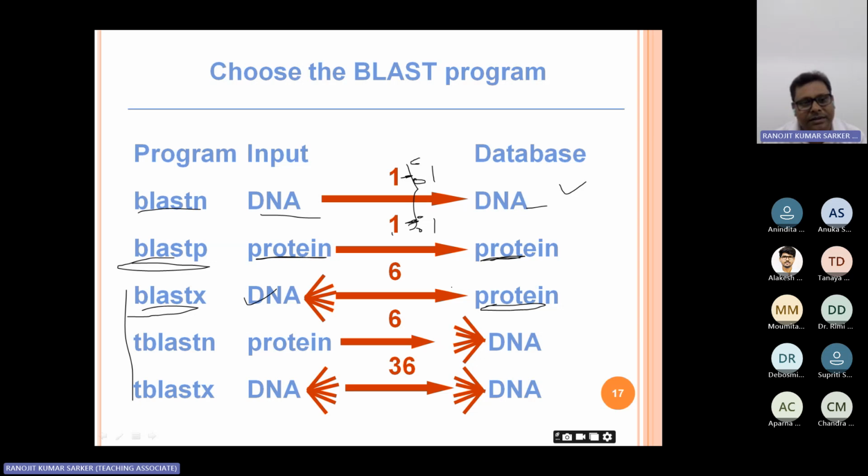But what happens is, to increase the sensitivity of the BLAST program, because you are using these versions only for research purposes, when you have not got any output from the earlier two versions, or enough sequences are not there and you have very little information, then you move to this version.